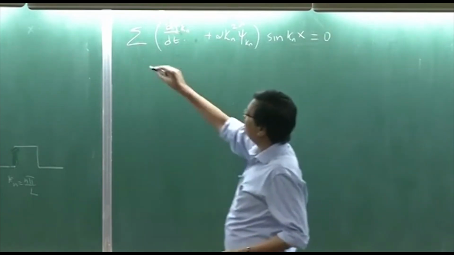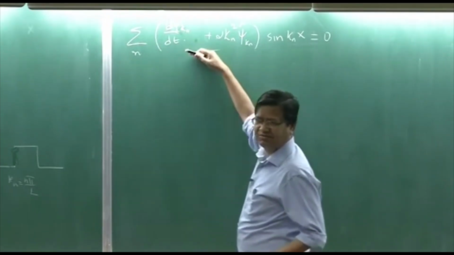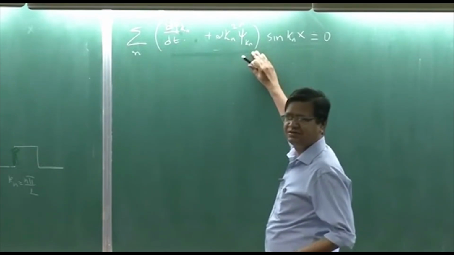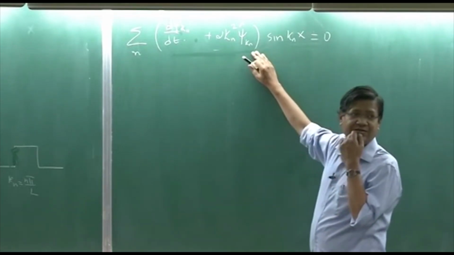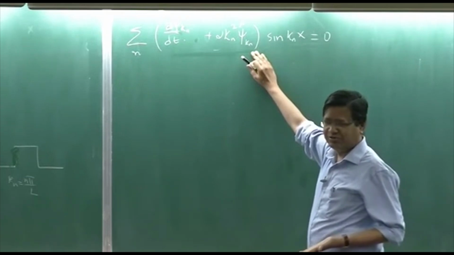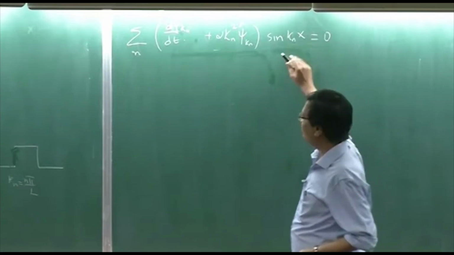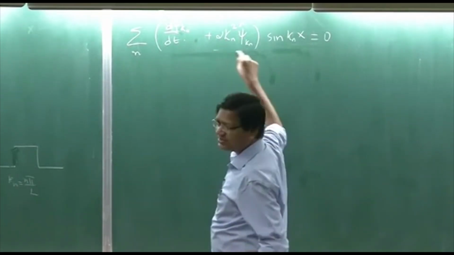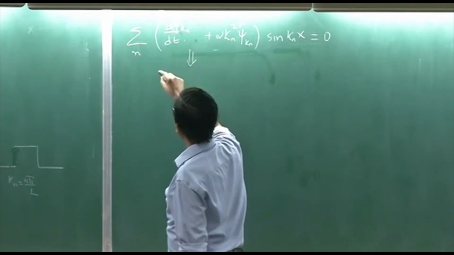Now what can I say about this? It should be 0, because these are independent basis functions. If this is to be 0 for all x, it implies that this quantity is 0.